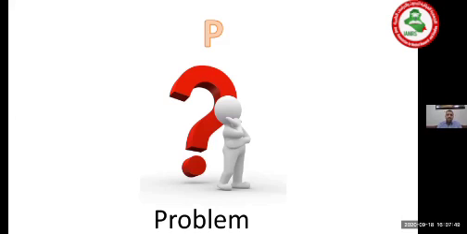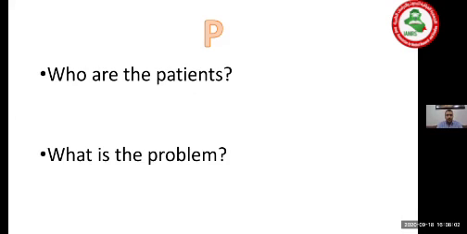So you are facing a problem in the community, and you want to look for a solution for that problem. The problem is the P. So you should ask yourself, who are the patients that I'm going to conduct my study on, or what is the problem that I would like to solve by doing my study.